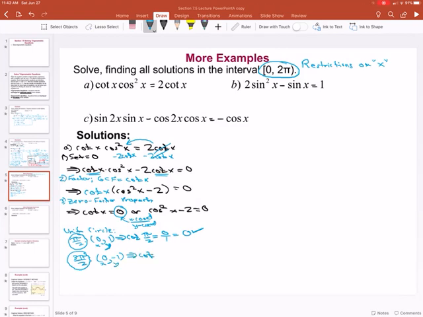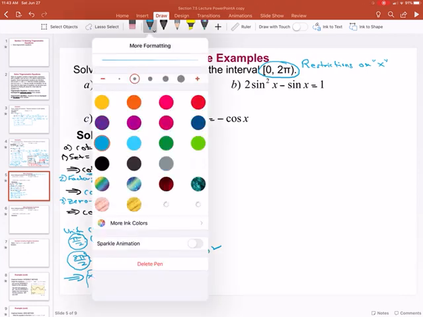That implies the cotangent of 3 pi over 2 radians is equal to 0 divided by -1, which is 0. So we have two solutions for cotangent being 0. In the interval between 0 and 2 pi, we have two different real numbers, pi over 2 or 3 pi over 2. There are the solutions.